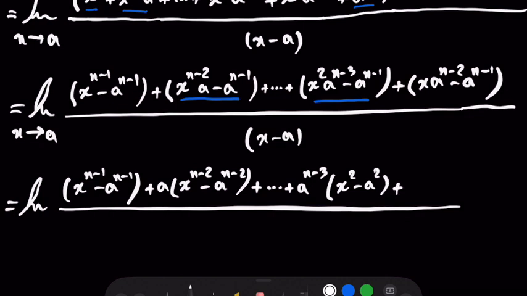And the last term of the numerator, if you factorize a to the power of n minus 2, is a to the power of n minus 2 times x minus a. Okay, and the denominator is x minus a when x approaches a.